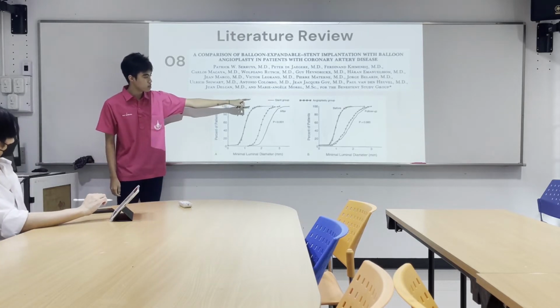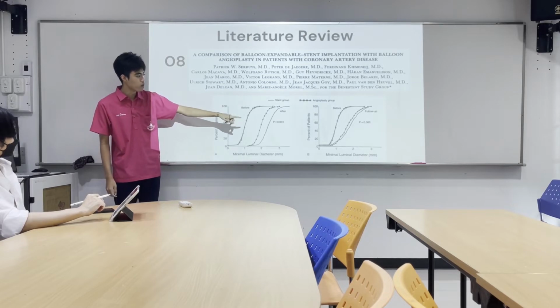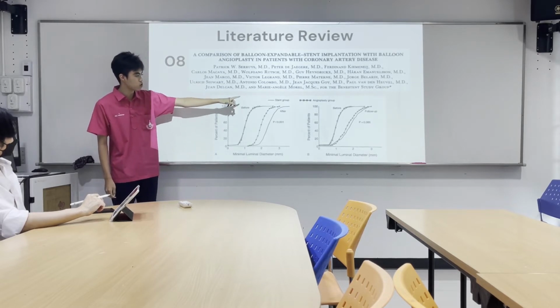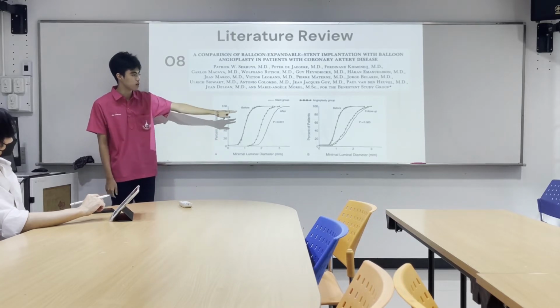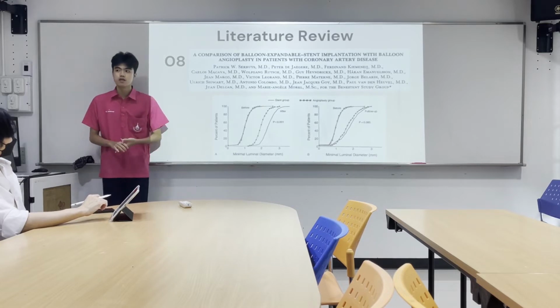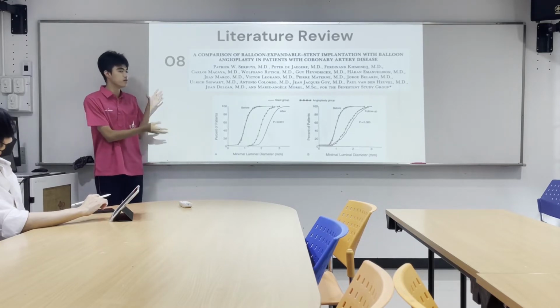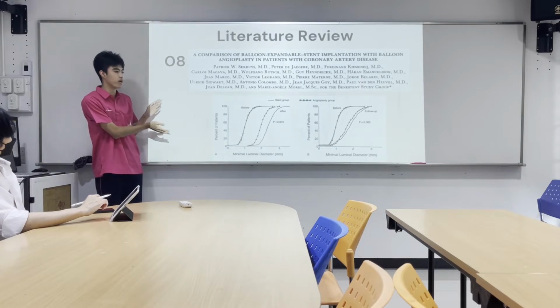And this one is the follow-up stage. The stent one is also doing better than the angioplasty one. It shrinks a little bit, but you can count that it is still better. This paper, I use it for those who want to use my research for future study. This can also be one of the ways to do it.